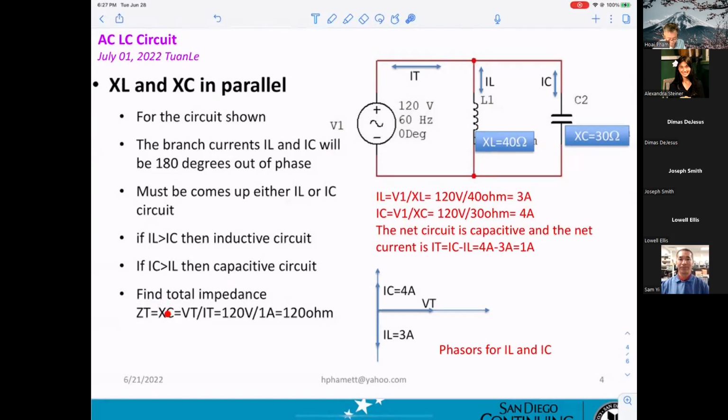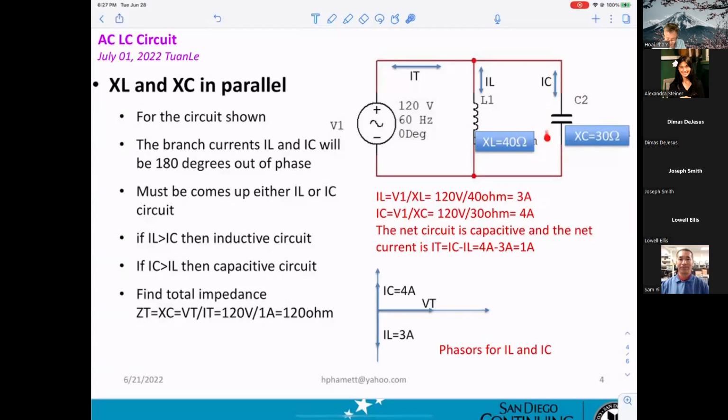To find the total impedance, Z total equals V total divided by IT. Now let's see. You want to calculate IL. You have a voltage of 120 volts here and 40 ohms, so it's easy to get the current IL: 120 divided by 40, you get 3 amps.